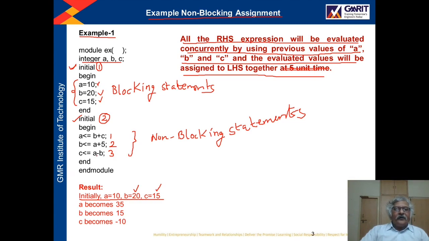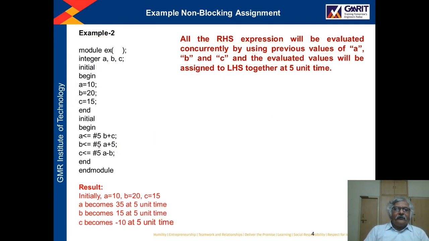So the previous value of A is 10 and B is 20. So 10 minus 20 is minus 10. This evaluation is also done. And once the evaluation of all these statements is done, then only the updation will take place, right? So A becomes 35, B becomes 15, and C becomes minus 10 after the updation. Okay, so this is about the blocking assignment statement.